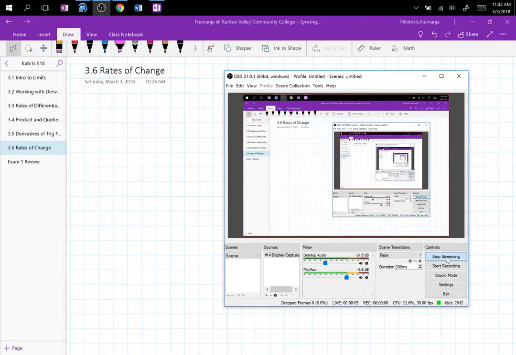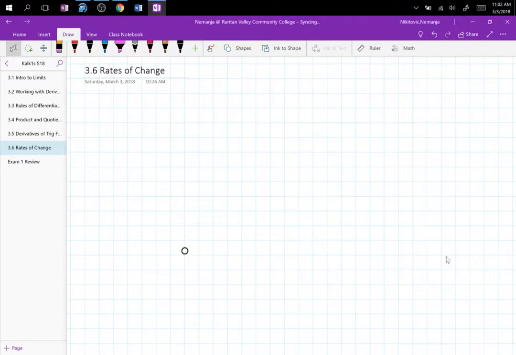Hello and welcome back to Calculus 1 section 3.6, derivatives as rates of change. We already saw the progression, the derivation of the derivative from the concept of the secant line, the slope of the secant line.